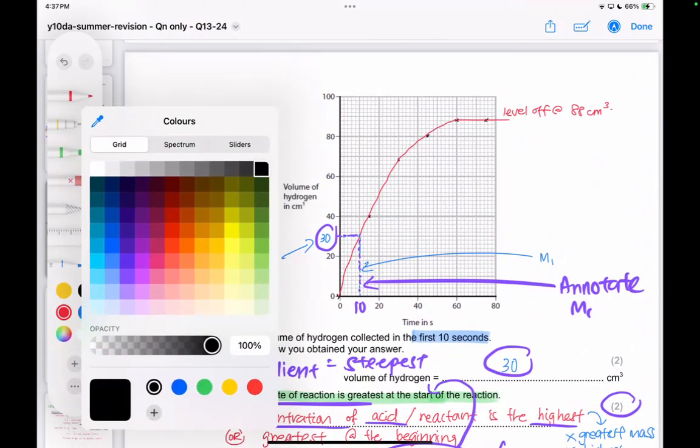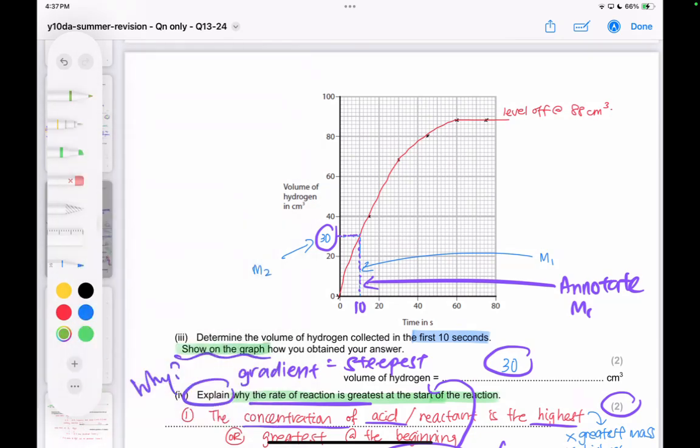I'm going to use purple, or maybe I use pink. Maybe that's too close. I should use green. My rate of reaction would be steeper, and then I would probably end at a flat line or level off earlier. But my level off will still be at 88 cm.